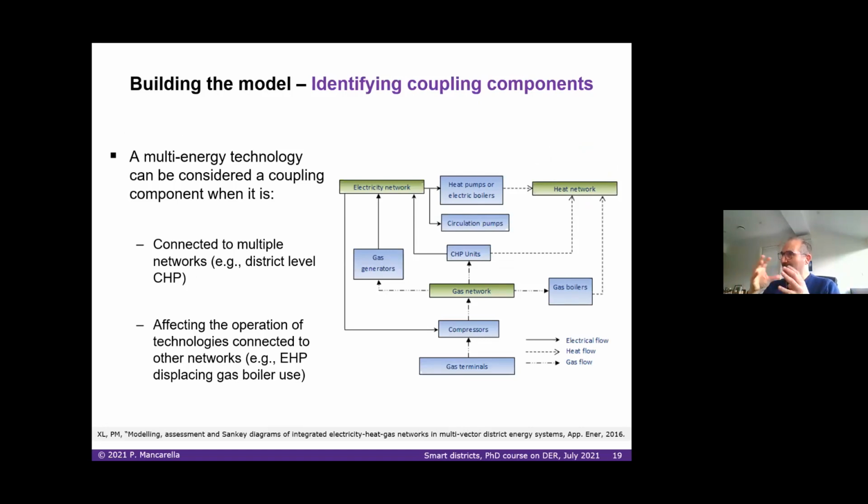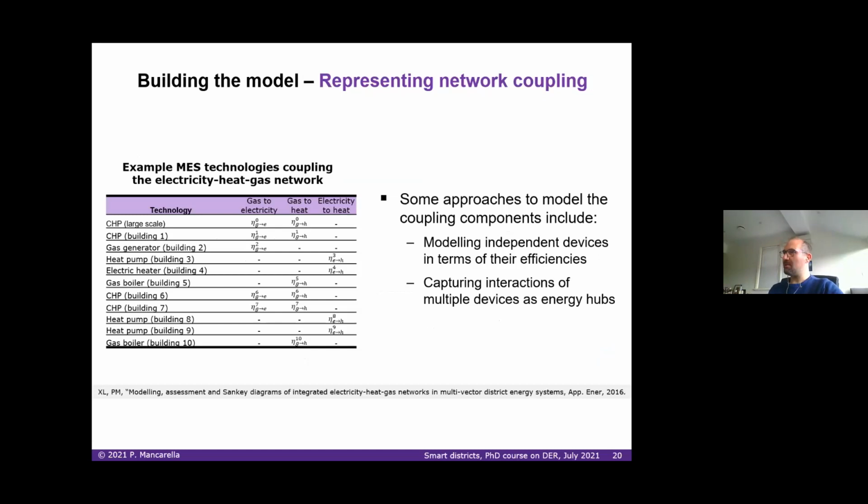So you have a large-scale electric chiller, consuming electricity, producing cooling, and then you have a chilled water network that supplies different buildings. For example, in commercial buildings, this is quite a normal solution to adopt.